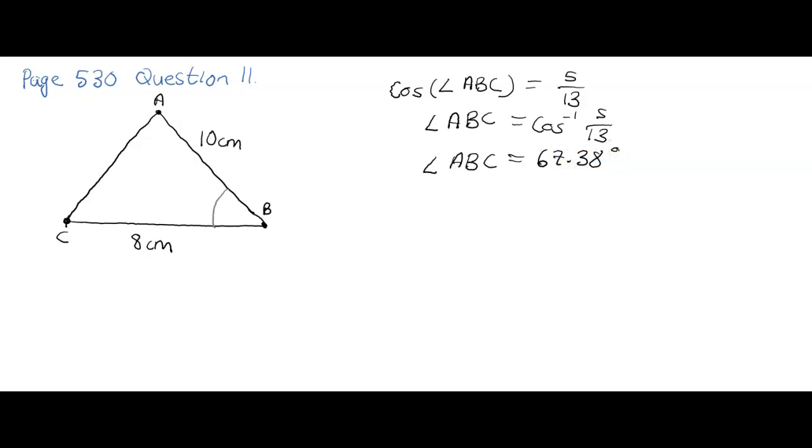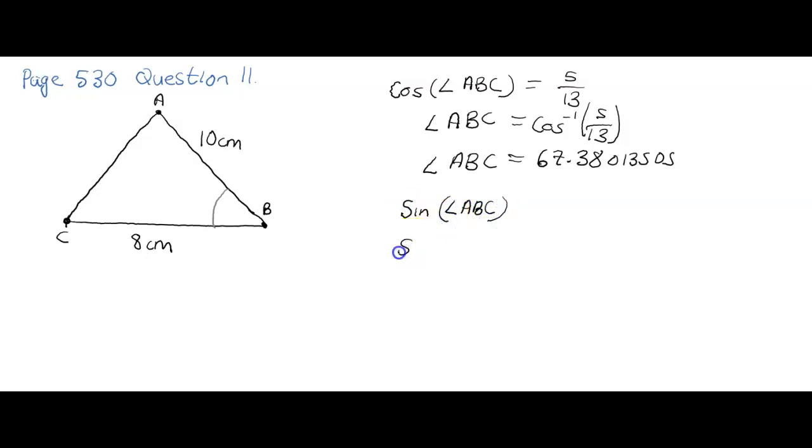When I put in the second function cos 5/13, I get 67.38013505 degrees. So just to get a better, closer answer, the question then asks for the sine of the angle ABC.